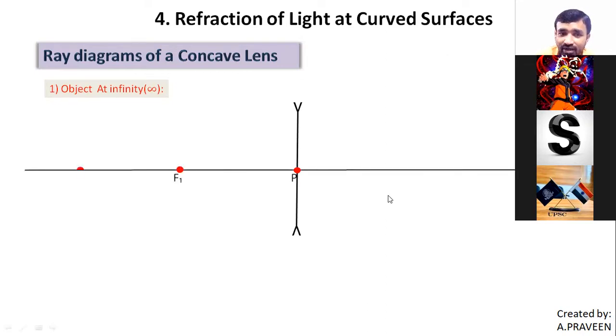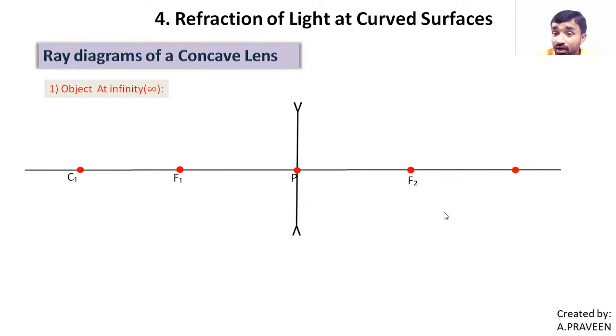Here, individually we can observe what happens if you change the position of the object in front of the concave lens. So here I'll show you the positions. At infinity we cannot show the object. At we can show the object. Beyond we can show the object. Between we can show the object.